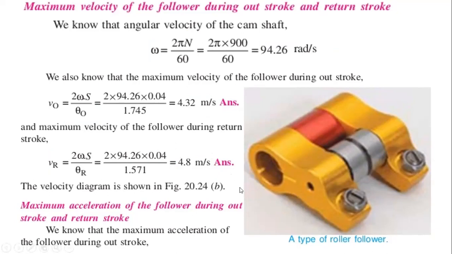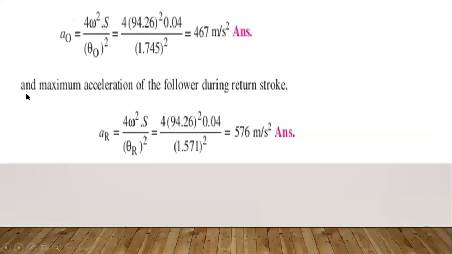Then we have to find the maximum acceleration of the follower during the outstroke and return stroke. First, the acceleration for the outstroke.